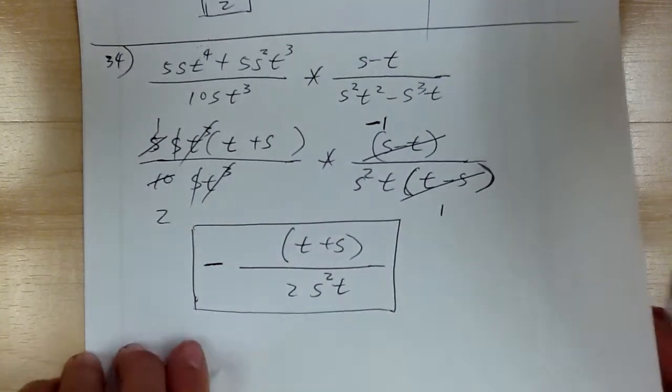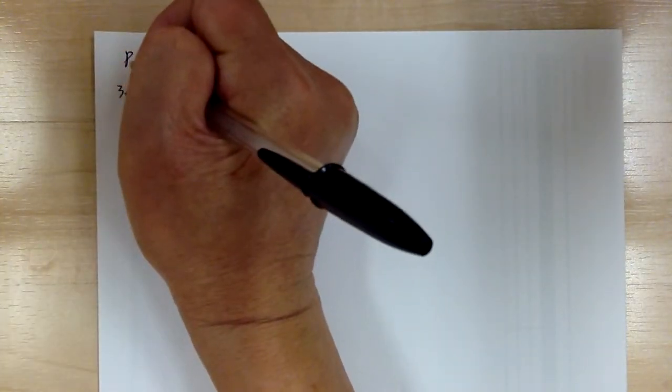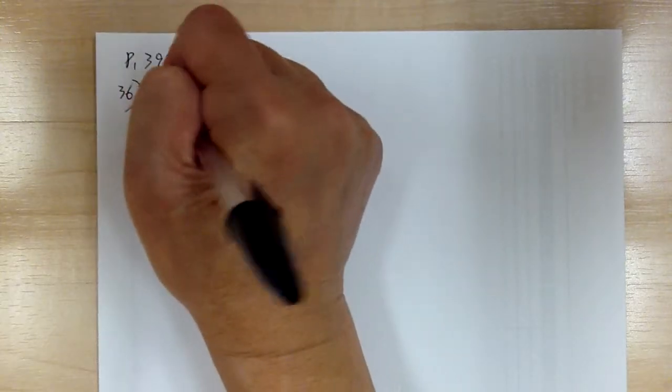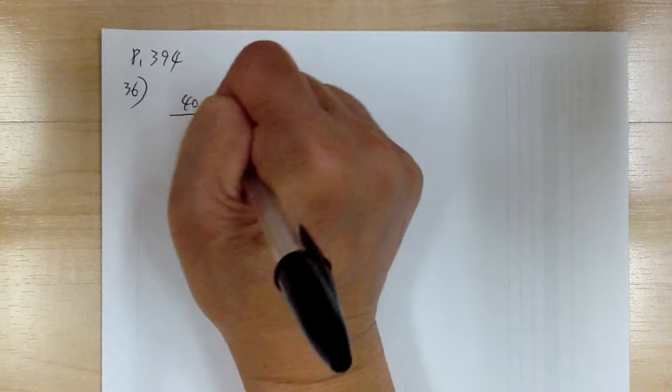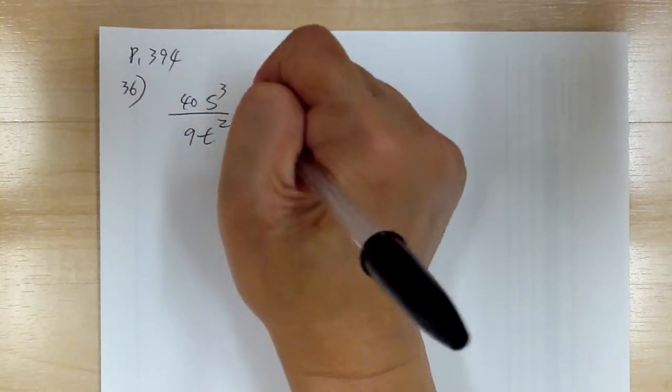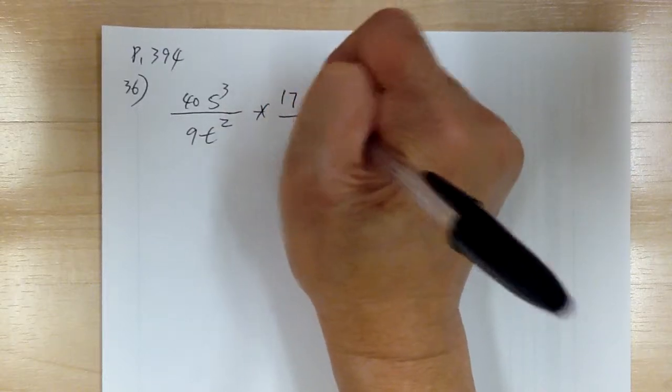Okay. Let's go to 36. So you got 40 s3 over 9t squared. Now the next one is division, so I'm going to make into multiplication and flip it upside down.